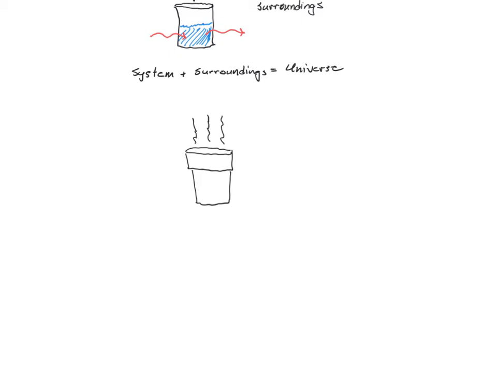Okay, so the coffee is losing heat. But if it's losing heat, it has to be going somewhere else. And the only place that it can go would be to its surroundings.